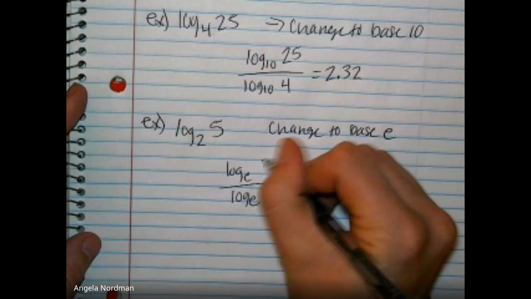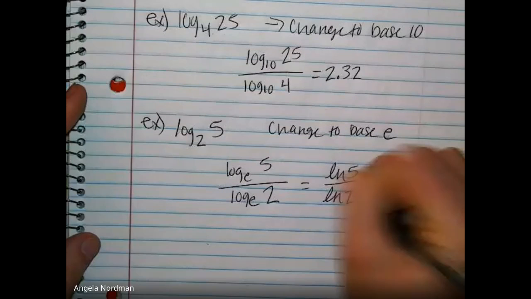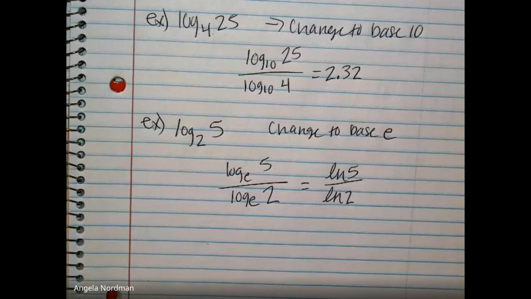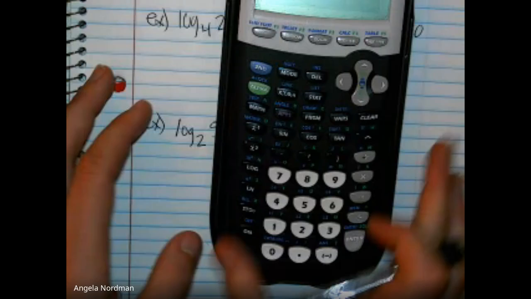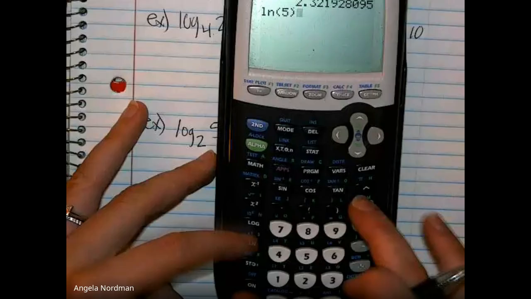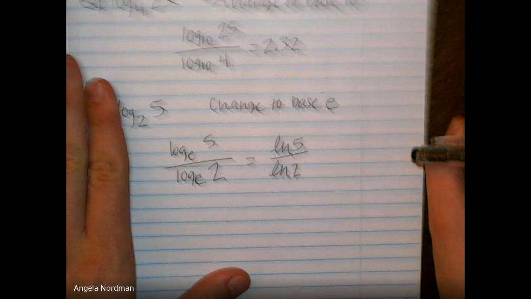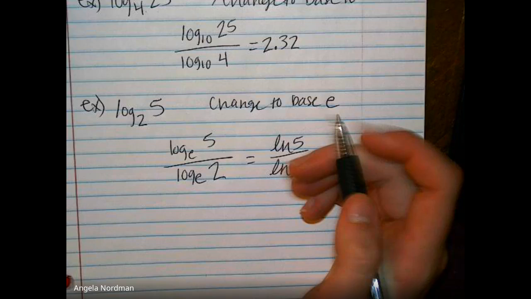Now, by now, hopefully you're recognizing log base E is actually natural log. So we'll have natural log of 5 over natural log of 2. In my calculator, this button's going to be found right here. So I will take natural log of 5 divided by natural log of 2. And that is 2.32.